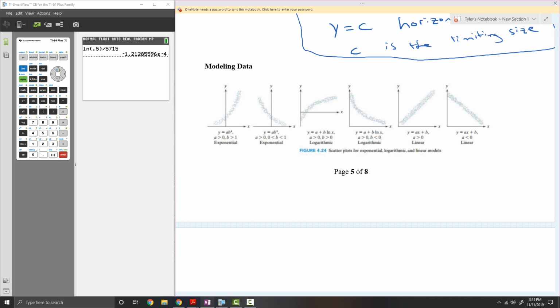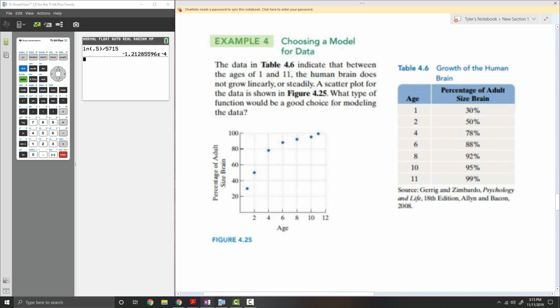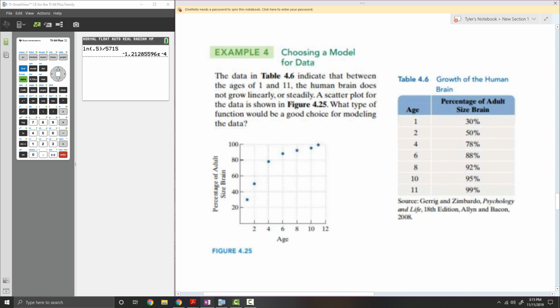So for example, in the next problem we have, we're looking at the growth of the human brain. You can see here that we have a table of growth rates. So you have age, percent of adult brain size, or excuse me, the percentage of adult-sized brain.